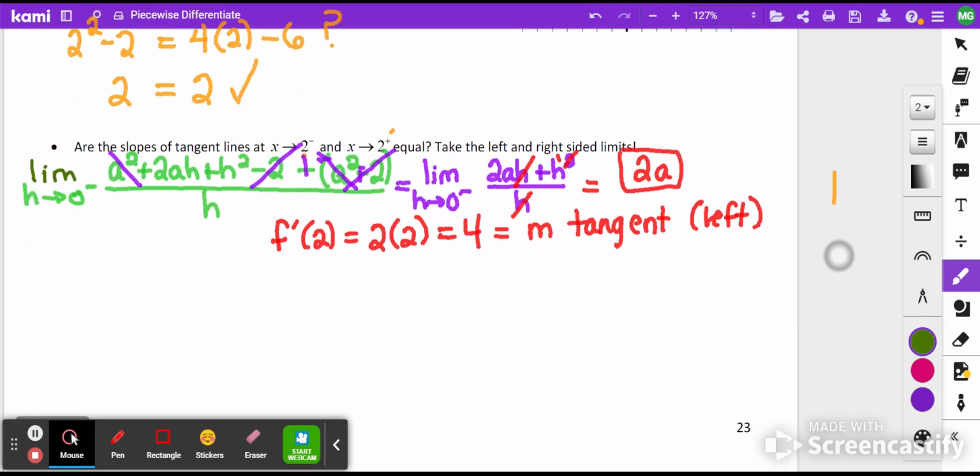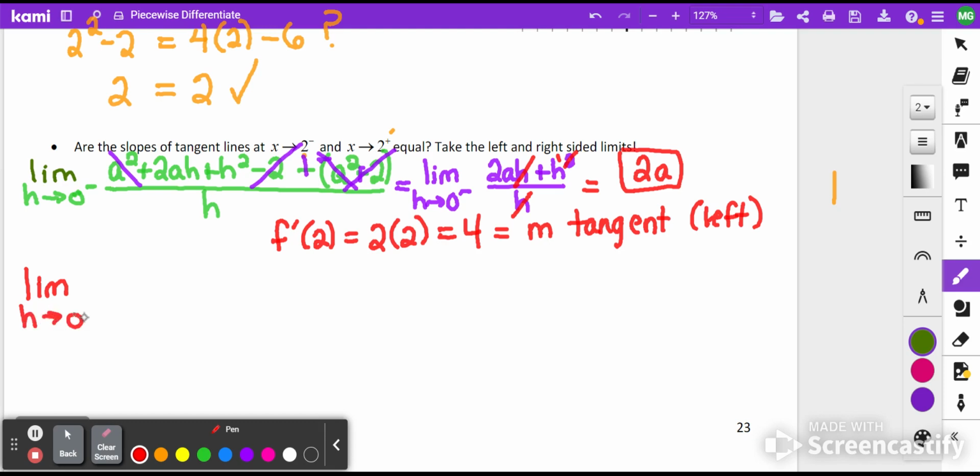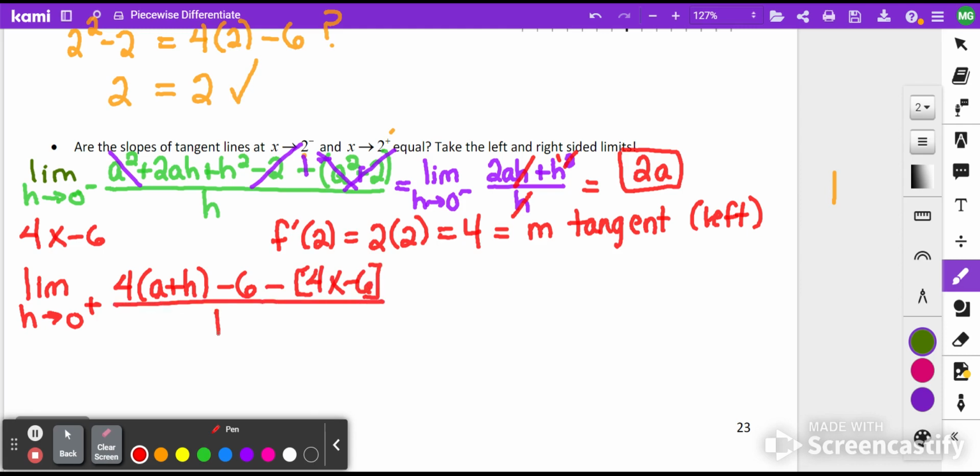Same idea though. We're going to take the limit as h approaches 0 from the right. And remember, our function is 4x minus 6. So we will have 4 times a plus h minus 6, minus brackets 4a minus 6, all divided by h. And we'll clean this up. I'm just going to do it right here. 4a plus 4h, make this plus a negative and a positive.